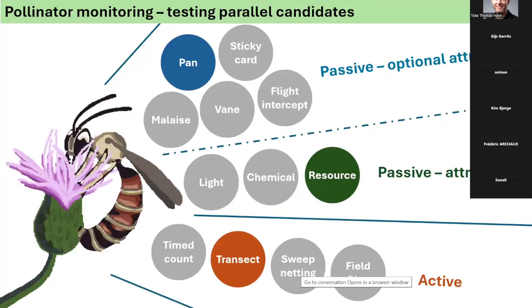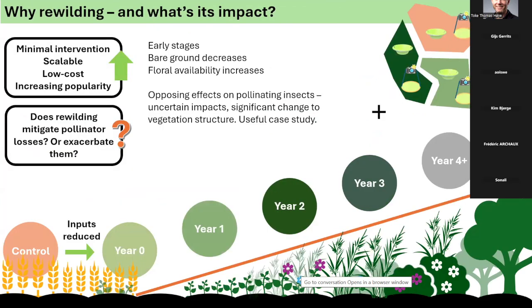But I'll just get on to some of the parallel candidates I'm using and where I'm using them. I'm working at a rewilding site, which is quite a good candidate for using these AI approaches because it's already a scalable, low-cost approach for conservation management.